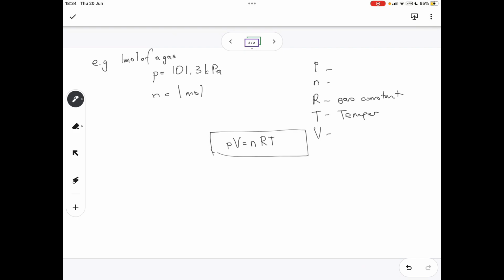T is the temperature, and it's usually worked out in Kelvin. N is the number of moles. And P is the pressure in kPa. Volume, standard, we use dm cubed or 1 liter, 1 cubic decimeter.